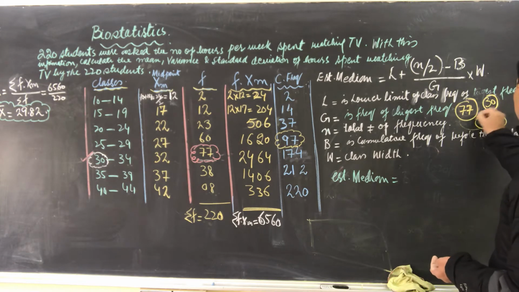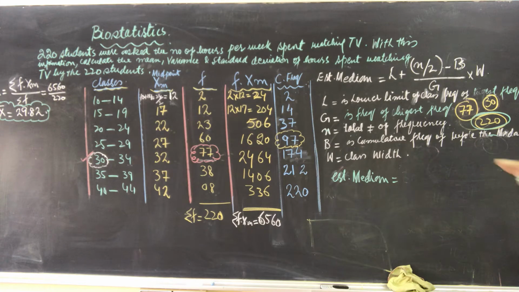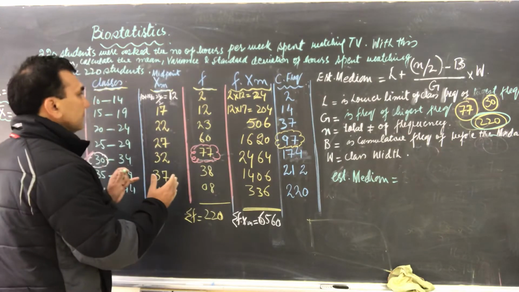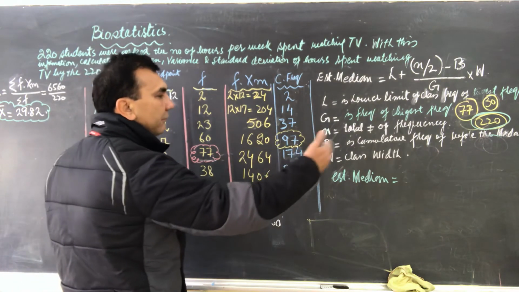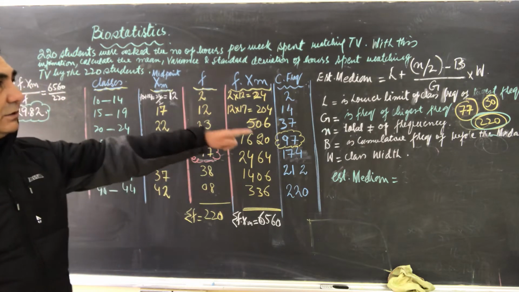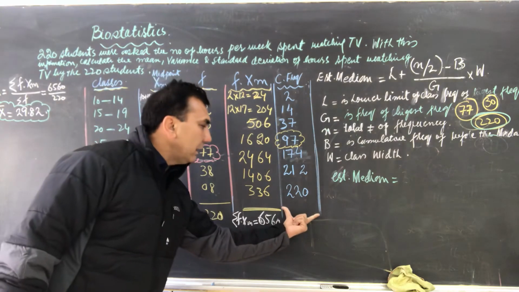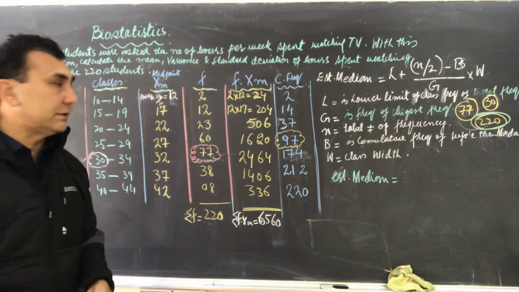Now, what does B say? B is the cumulative frequency before the modal group. Yesterday we prepared different types of columns. In today's session, to solve the median of the grouped data, we will add another column. This column is called the cumulative frequency.